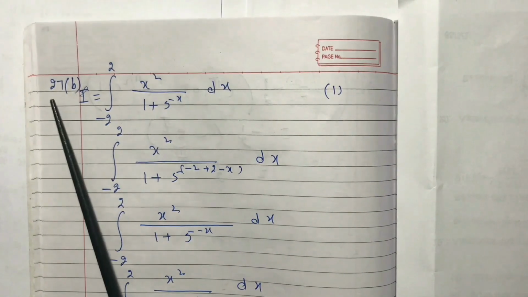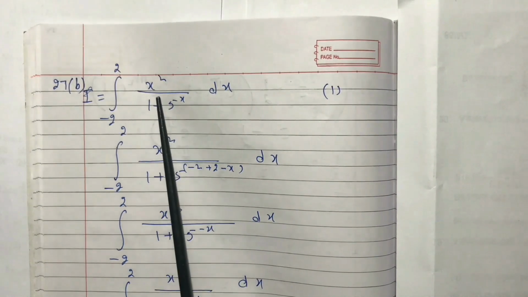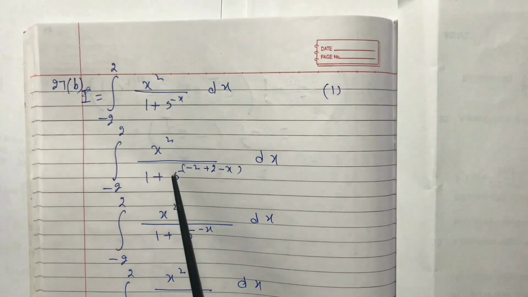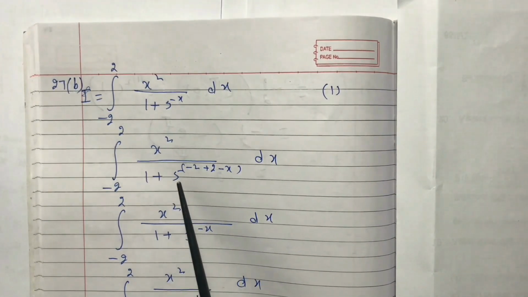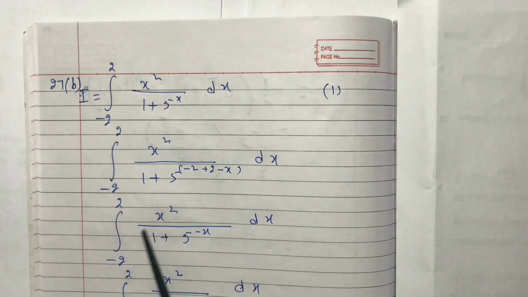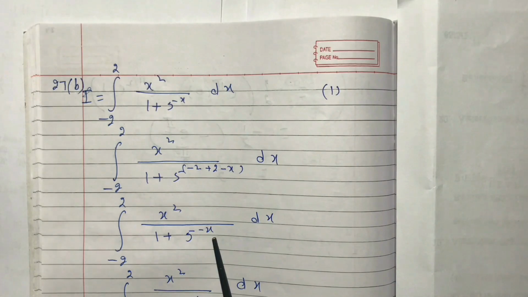Now this is question 27b and this is the question. I have written it as I. Now this thing can be written as integral from minus 2 to 2 of x square upon 1 plus 5 to the power minus x.